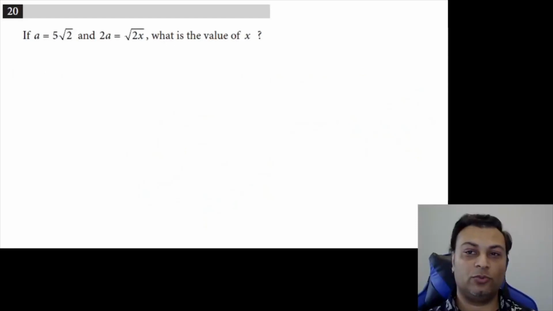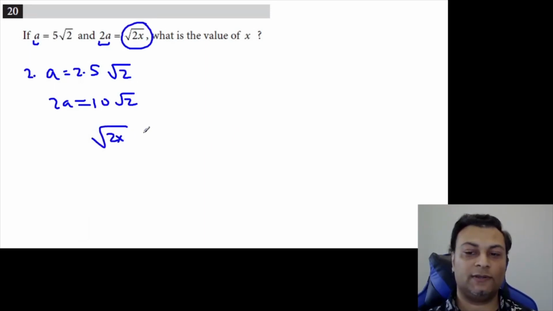Moving on to number 20. If a equals 5 root 2 and 2a equals the square root of 2x, what's the value of x? Okay. We have an expression for 2a. If a is 5 root 2, then 2a would be 10 root 2. So root 2x is 10 root 2.